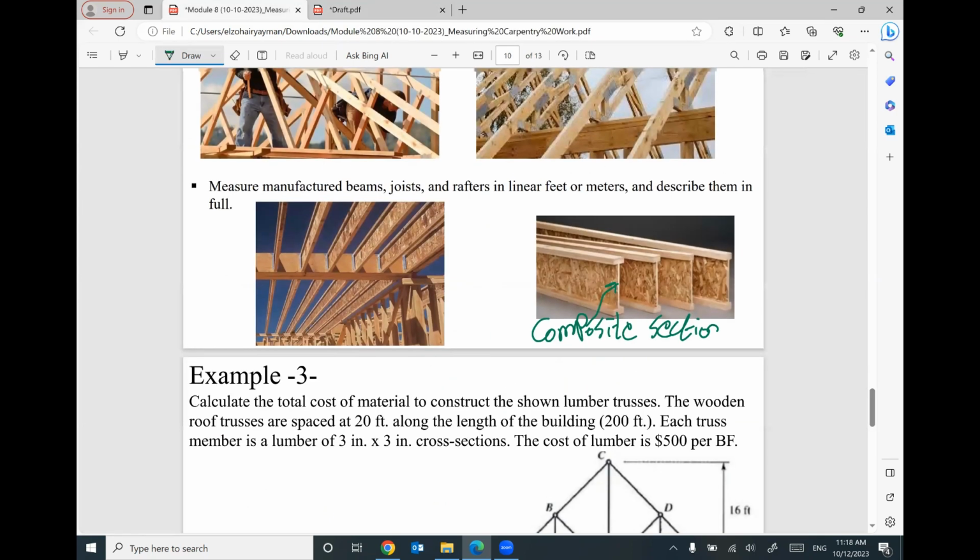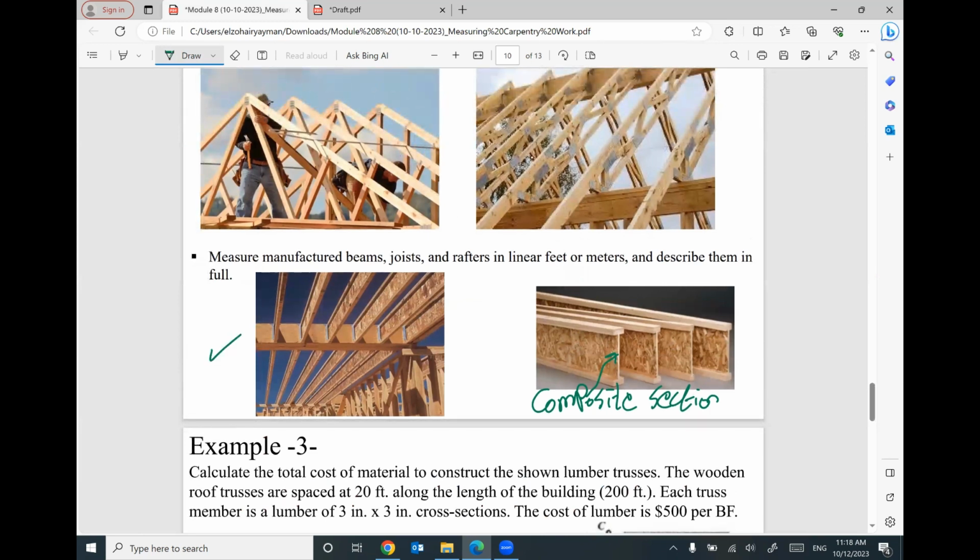So for example, I'm giving you this floor and I'm telling you, hey, the cost for this joist equal $100 for each foot. That means you need to tell me what is the total length. So what is the length for this piece? For example, 20 feet.